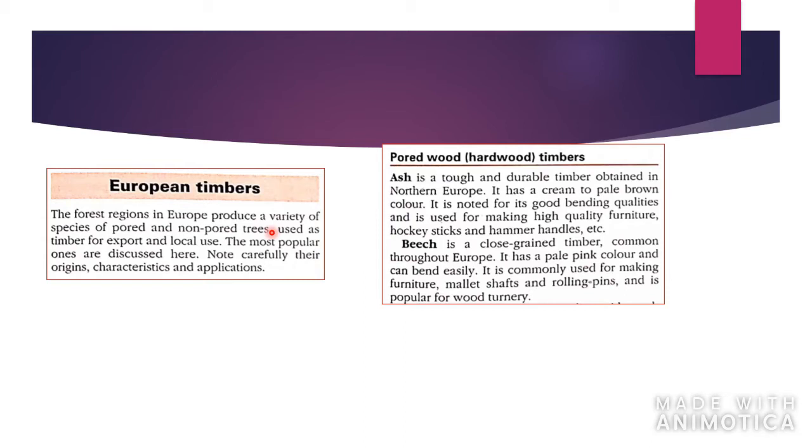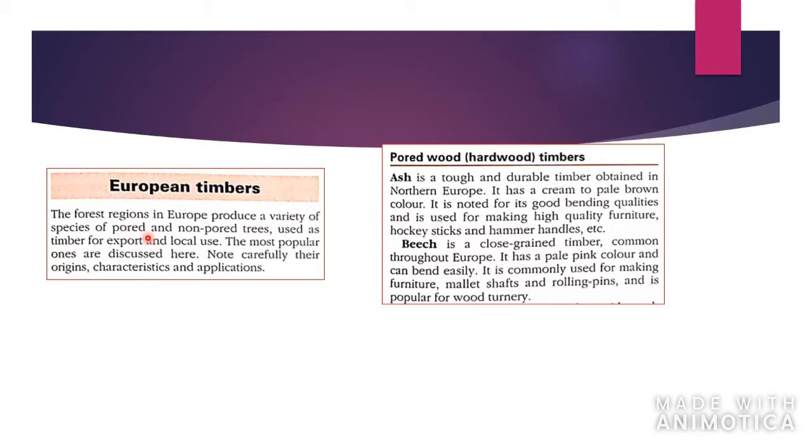Okay, so now we're going to move on to European timbers, and they produce a variety of species of poured and non-poured trees. So whenever you see poured and non-poured, you would know they're talking about hardwood and softwood. They are used as timber for export and local use.